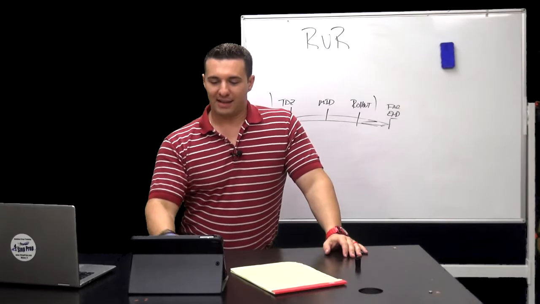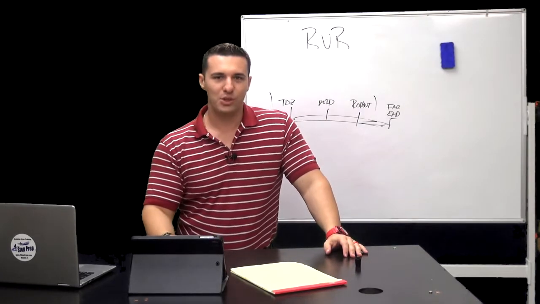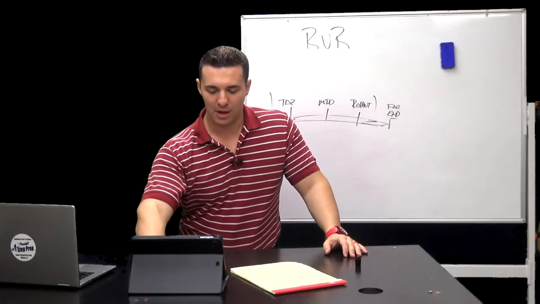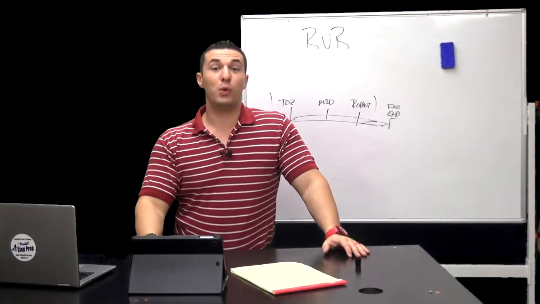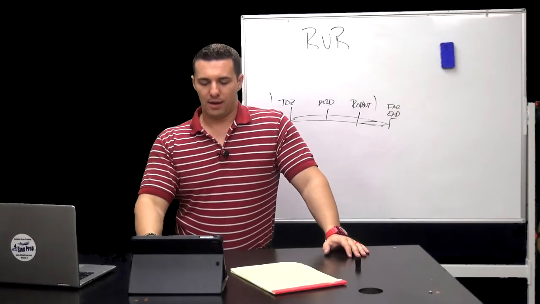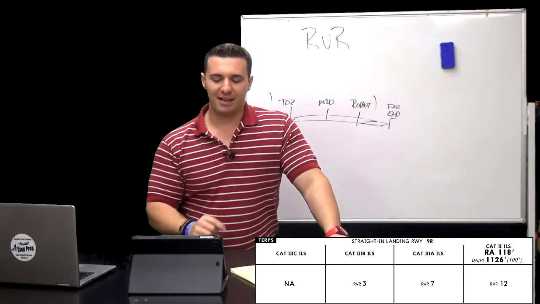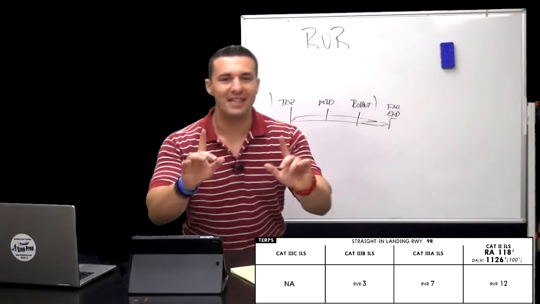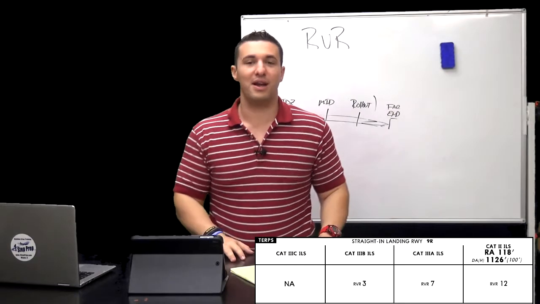we're going to use Atlanta, runway 9 right, ILS 9 right, Cat 2 and Cat 3 approach as the example. When you look at the minimums for the straight-in approach, ILS Cat 3 approach 9 right in Atlanta, it tells us that the Category 3C ILS RVR value is NA, non-applicable.